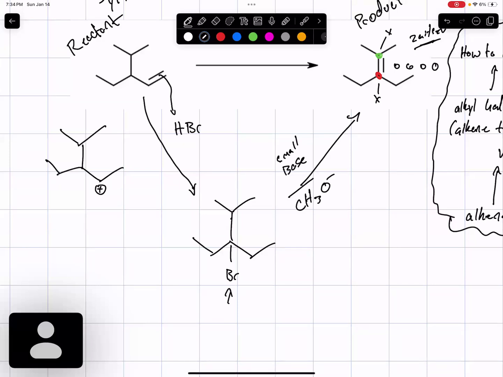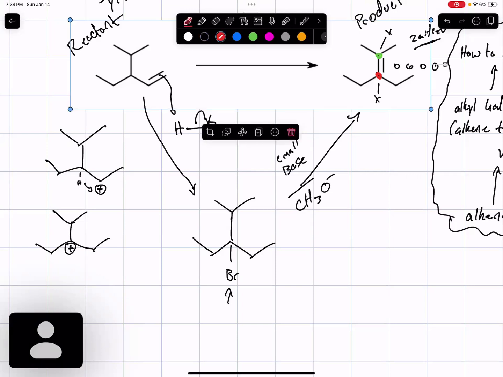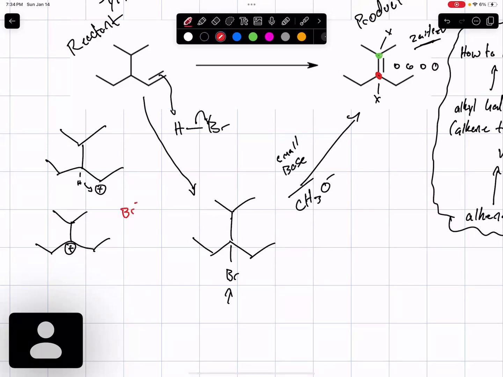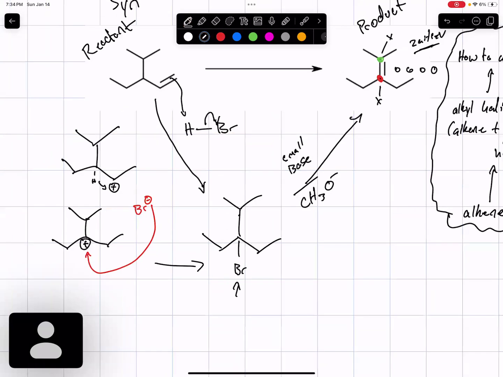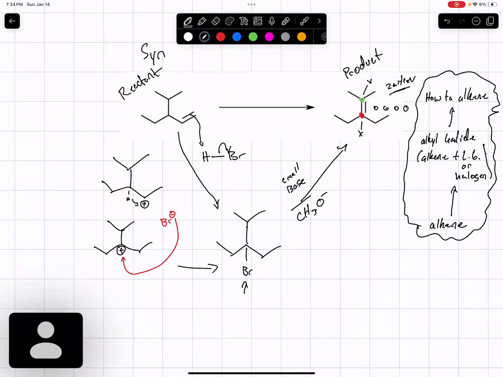But then you would have a nice little hydride shift, which would leave this tertiary carbocation, where now this bromo anion could have attacked. And that gets us to our alkyl halide. So really, this is an easy synthesis question.